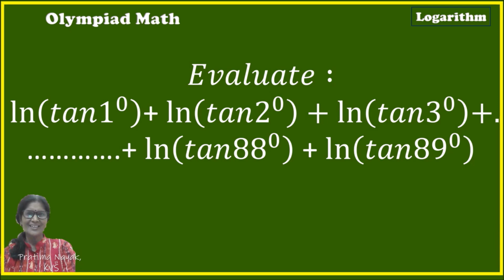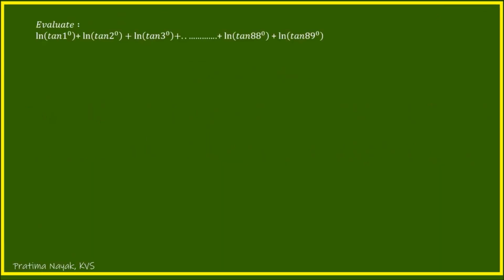Evaluate ln tan 1 degree plus ln tan 2 degree plus ln tan 3 degree up to ln tan 89 degree. So applying the concept of logarithm, ln A plus ln B can be written as ln AB to any base.